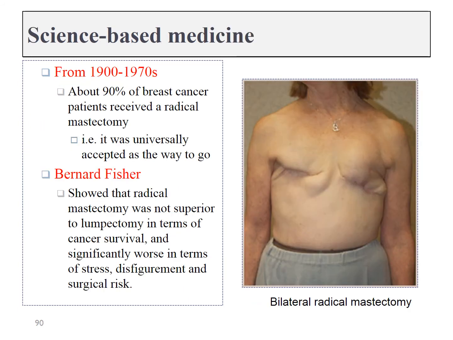Historically, it was thought that removing more tissue was always better. This kind of mimics the idea that early detection is always better, and what we're learning is that more is not always better.